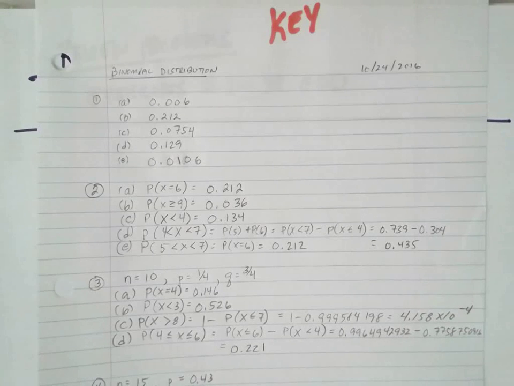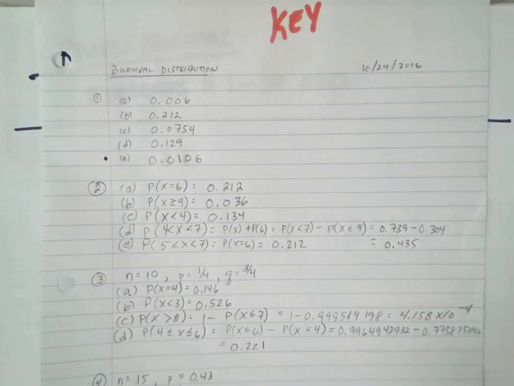I got .0105. It's probably rounding. Even if you round, it's still, because it's 37. We'll have to look at it then. Put a tag on that one. All right. Number 2.